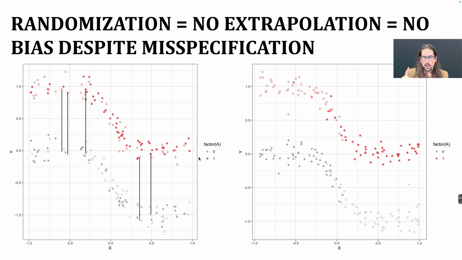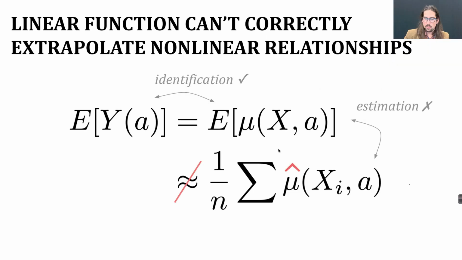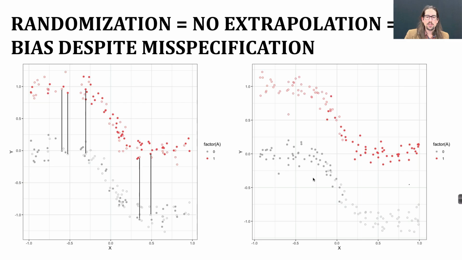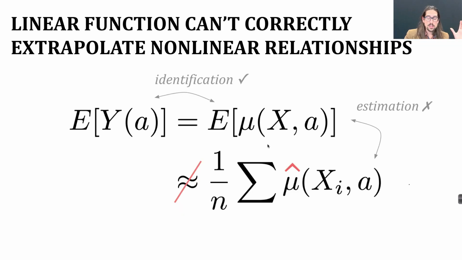So I want to give you one kind of cool special case, which is that this estimation problem totally goes away if you have randomized treatment. That's really interesting, because when you have randomized treatment, you get identification for free, right? Because there are no confounders. Awesome. So you might think that in a randomized trial I at least have that.